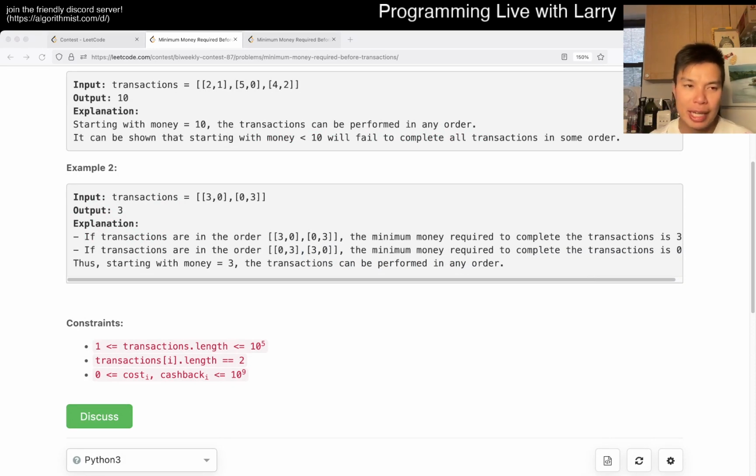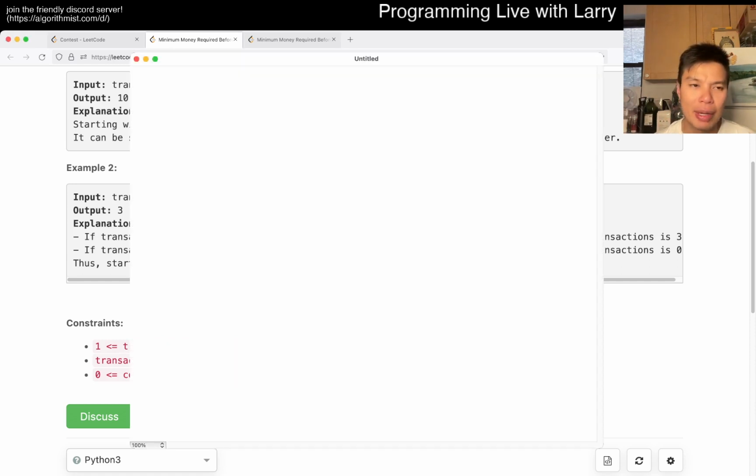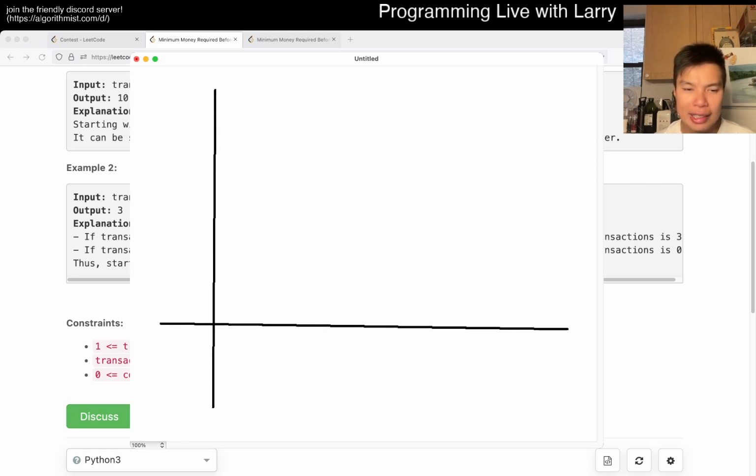One visualization that I was hinted at, and was thinking about during the contest but wasn't able to articulate into action, is that you can think about this as a number line. On the x-axis you have transactions, processing how much money I have.